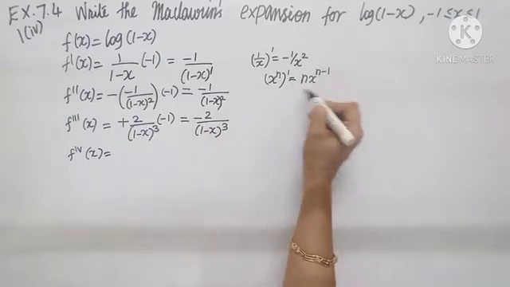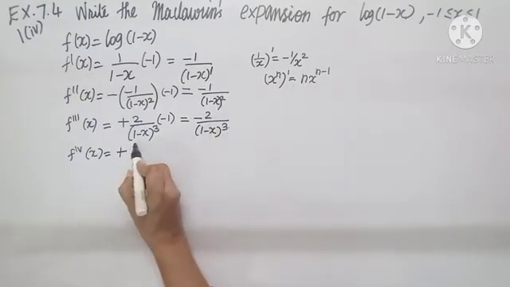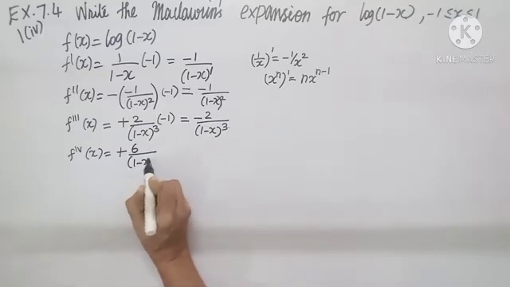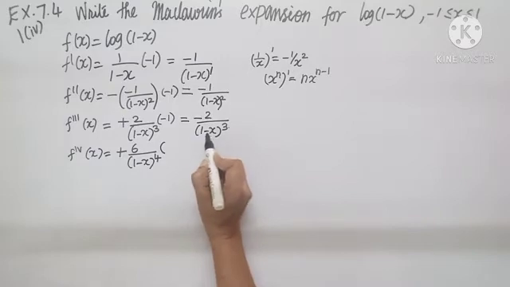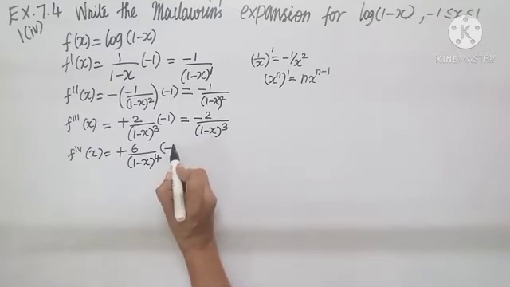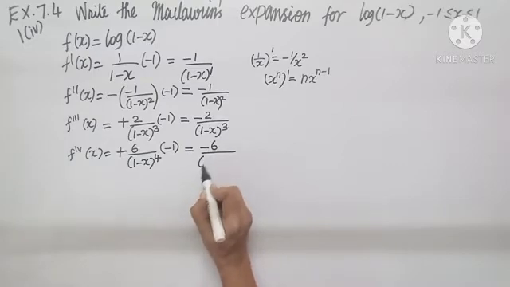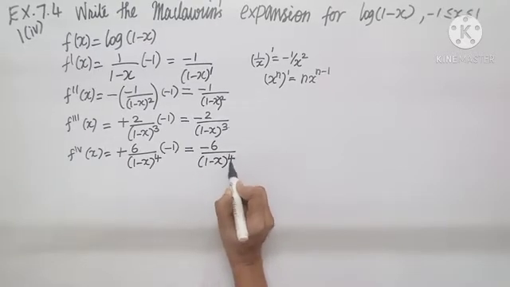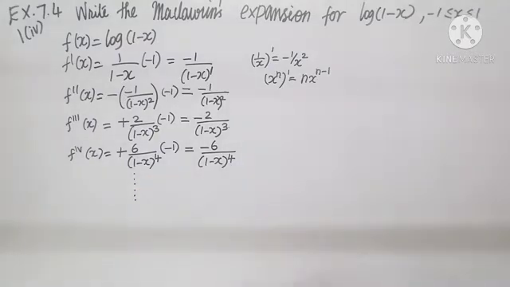So applying the formula, it will become plus 2 3s are 6 by 1 minus x the whole power 4. Because 1 minus x is coming, minus x tells me minus 1. So my answer is minus 6 by 1 minus x power 4. And the derivative goes on and on.